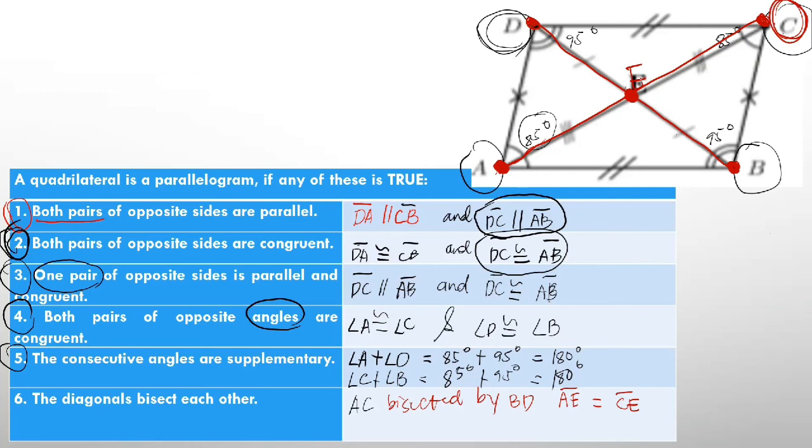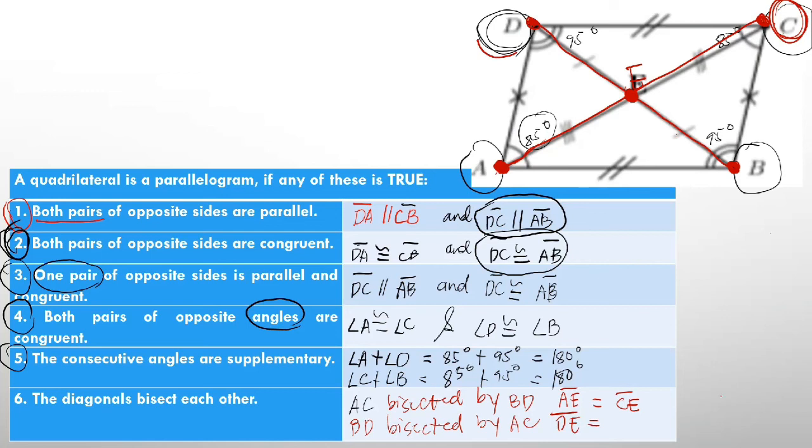Okay? Next is, yung BD natin or diagonal BD is bisected or hinati siya ni diagonal AC. Therefore, yung ating DE or line DE natin is equal siya kay line BE. Okay? So, paano po yun?